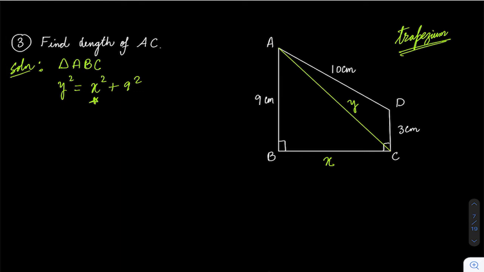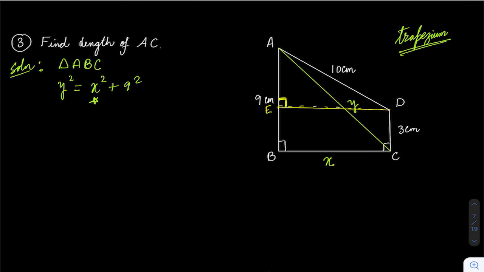So what I can think is, if I draw a line parallel to BC from D, like this, let's take this point as E. Because DE is parallel to BC, this will also be 90 degrees, corresponding angles. So obviously this angle will also be a right angle, right?